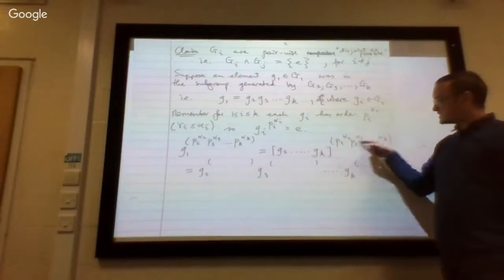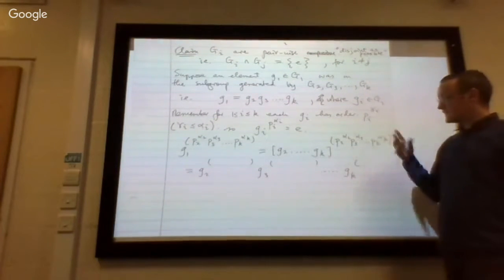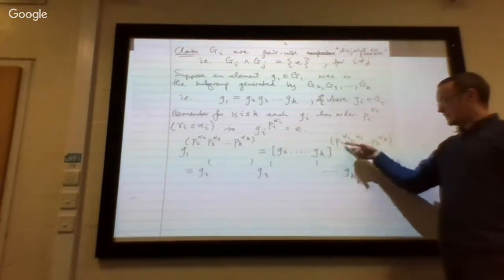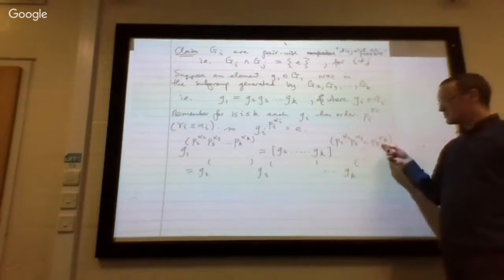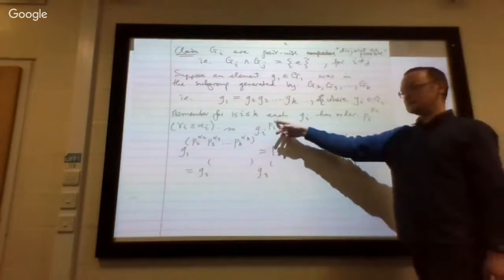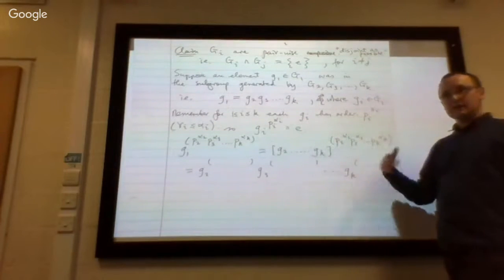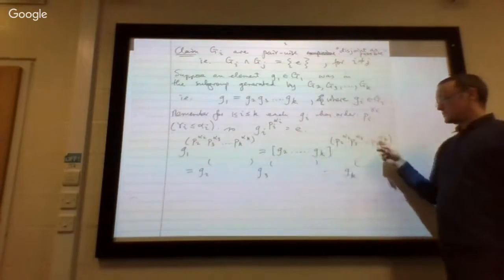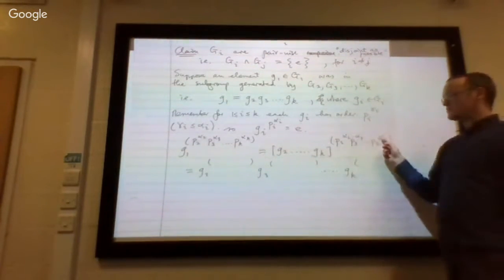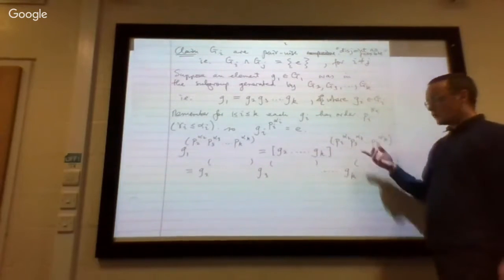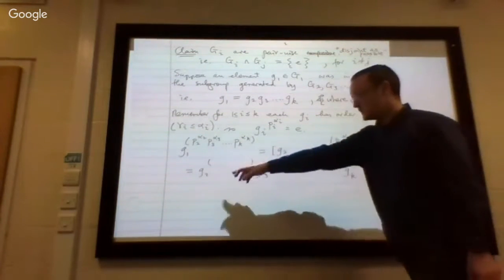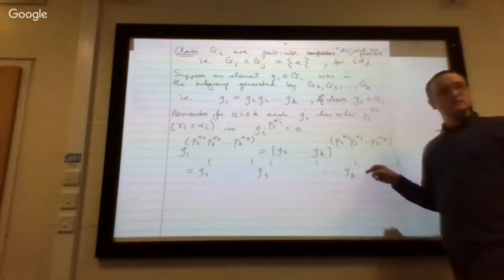But you see, this large bracket, and you can say this for any of the indices i between 2 and k, is a multiple of pi to the alpha i. So this large bracket is a multiple of the order of each of these elements, G2, G3, and so on.